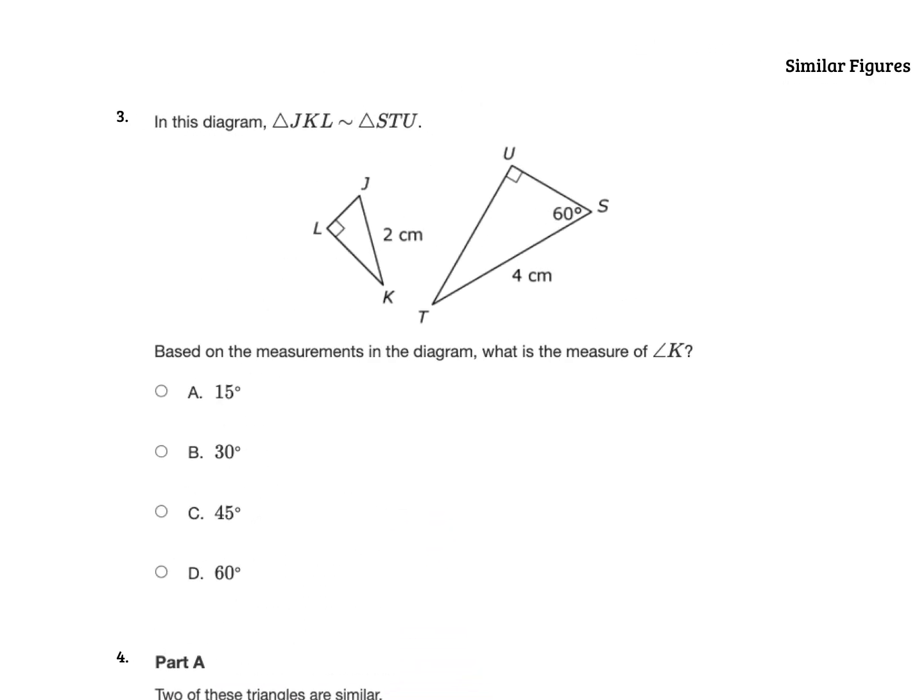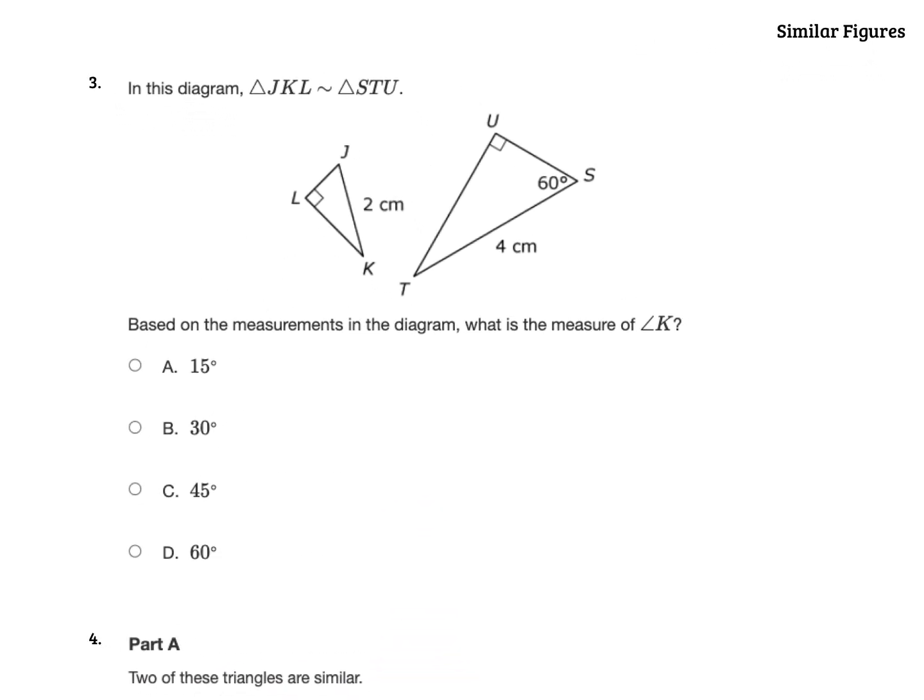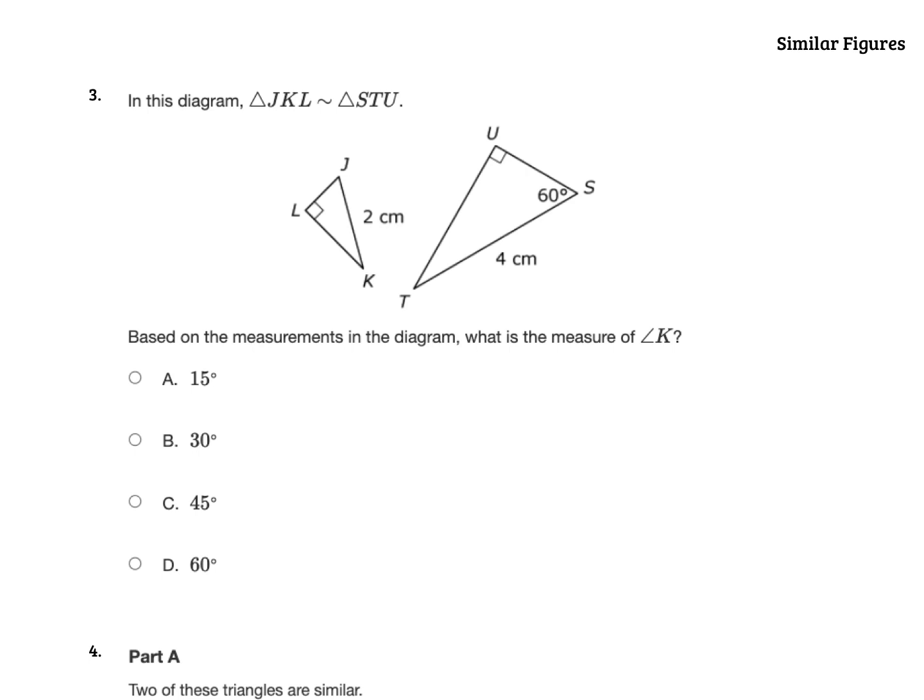Okay, let's flip over to our next question here. Again, we are told that JKL is congruent to STU. We can tell L and U are congruent, and those are both 90-degree angles.